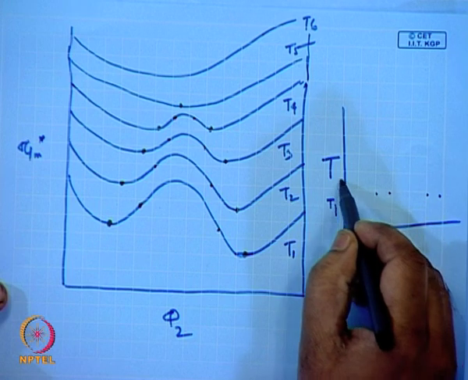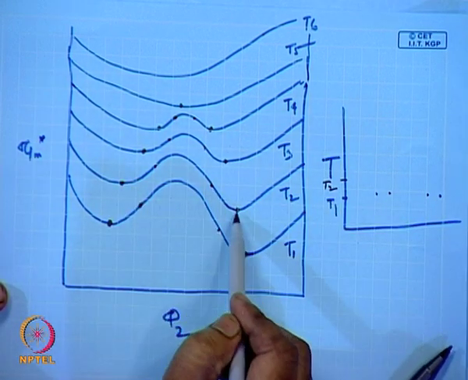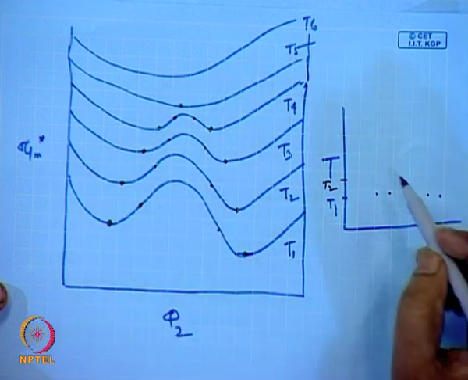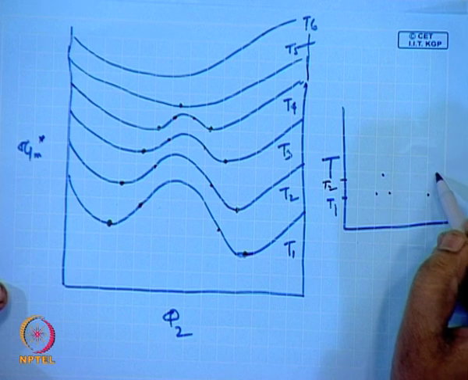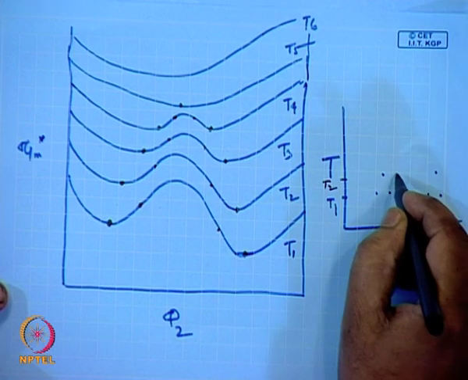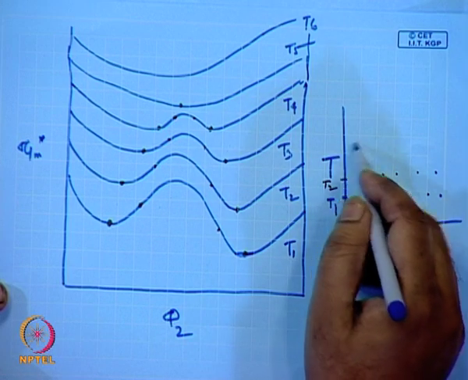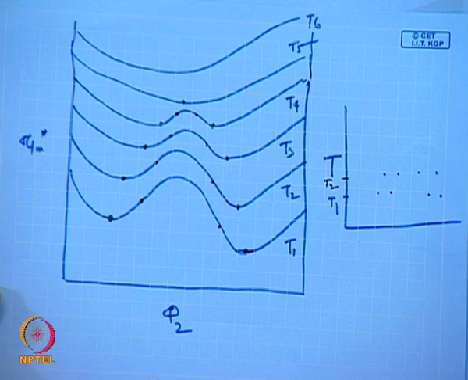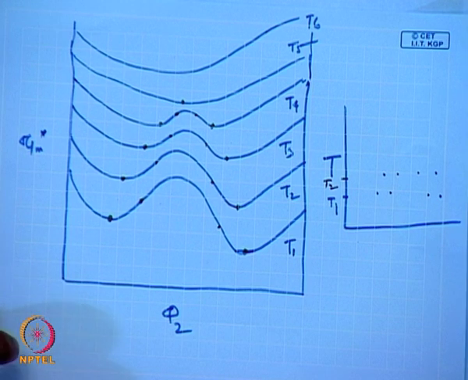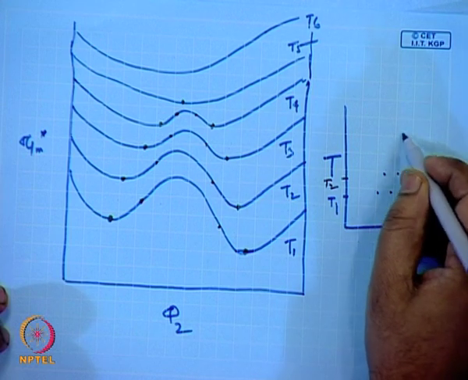At T2, again, these are the binodal points and these two are the spinodal points. So you have binodal points here and spinodal points here. Like that you plot T3, T4, T5, T6 and so on.